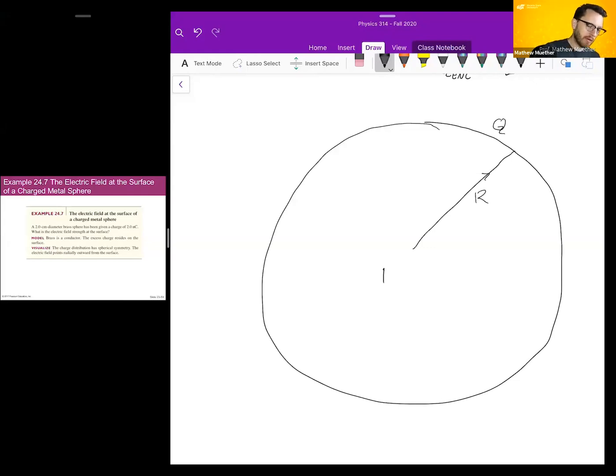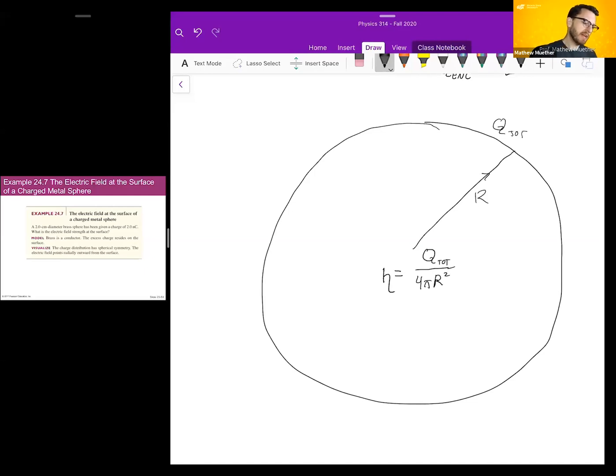Well, we can calculate the surface charge density. That charge is going to distribute itself uniformly over the surface of that sphere. And the surface charge density everywhere on that sphere is going to be the total charge that I've put on the sphere, Q total, divided by the surface area of the sphere, 4 pi R squared.